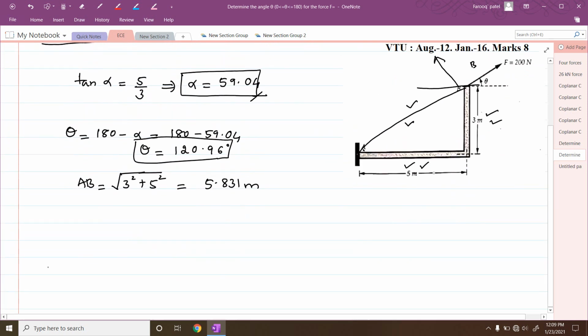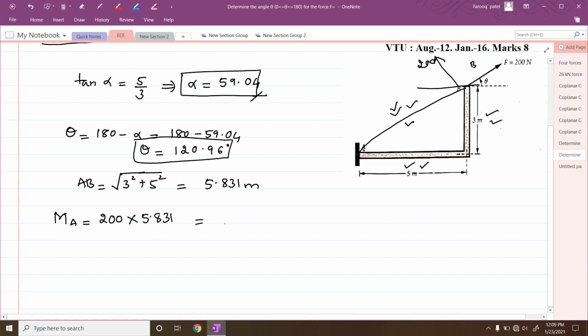The next is to calculate the moment. The moment about point A is equal to the force, 200 Newton, multiplied by the perpendicular distance, 5.831.